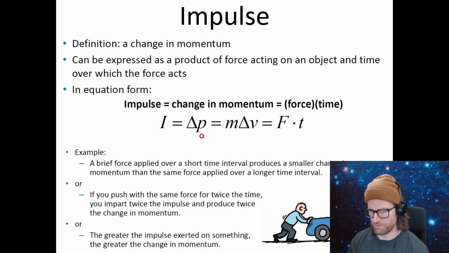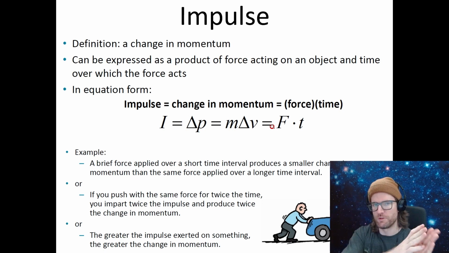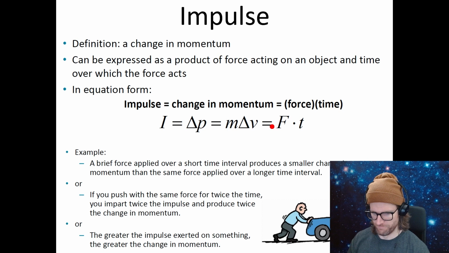If the mass of an object stays the same throughout an impulse, then the change in momentum is just the change in velocity times mass, and that's equal to force times time. So if we act on an object with a force, the force times the time gives you how much the momentum of that object changed.